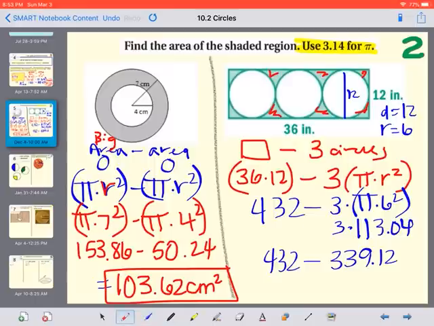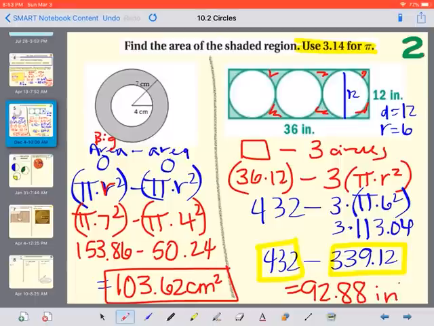So right now we have the area of the rectangle and the area of all 3 circles. If we subtract the circles, we'll get the area of the shaded part. So 432 minus 339.12, and we get 92.88 inches squared. This is the area of the portion that is shaded in.